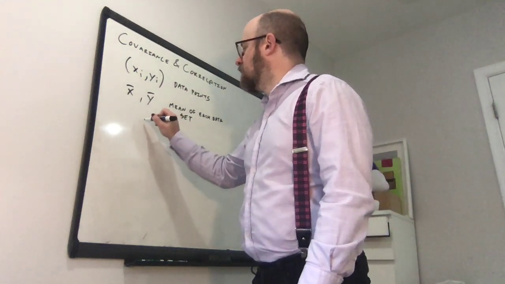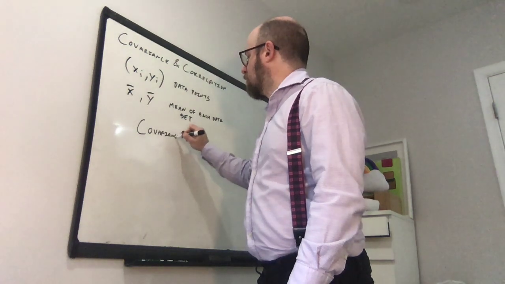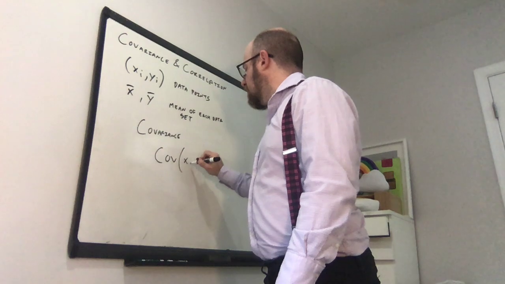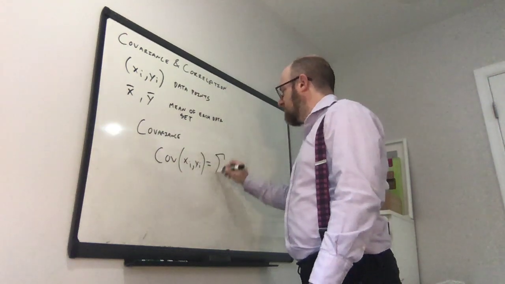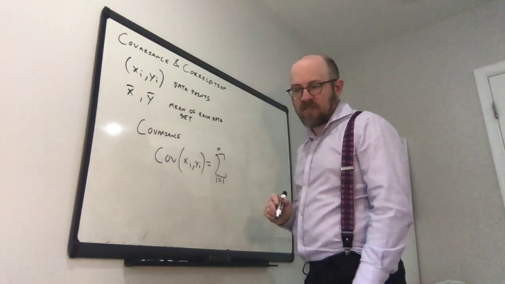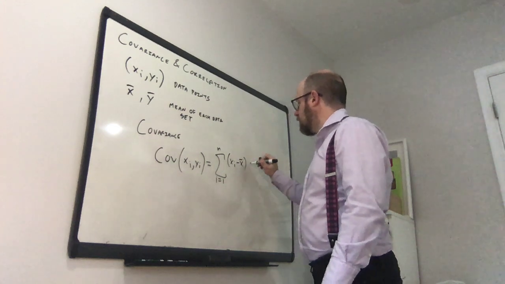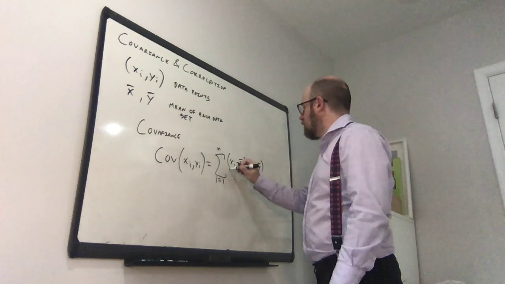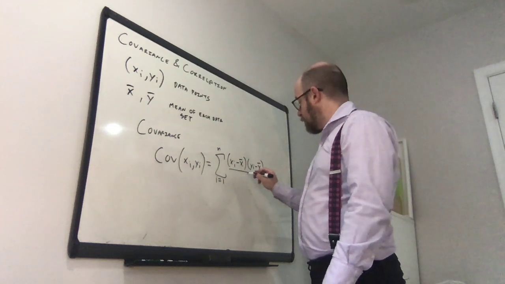So we define the covariance, which we write COV of xi, yi, as equal to the sum from i equals 1 to n, so you add them all up, of xi minus x bar times yi minus y bar, all over n minus 1.